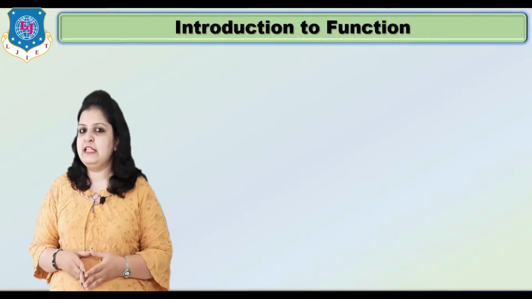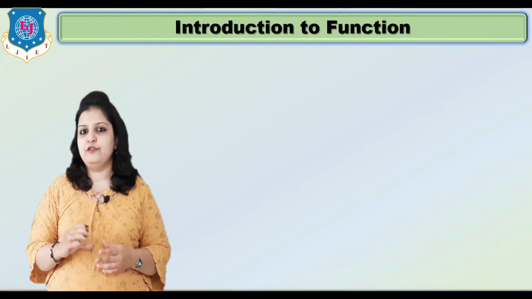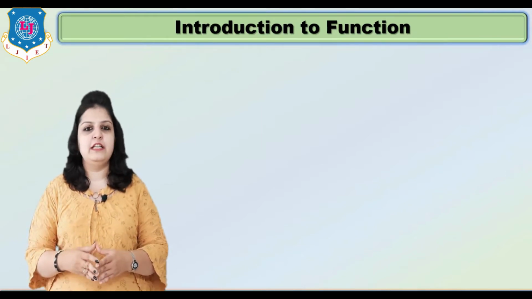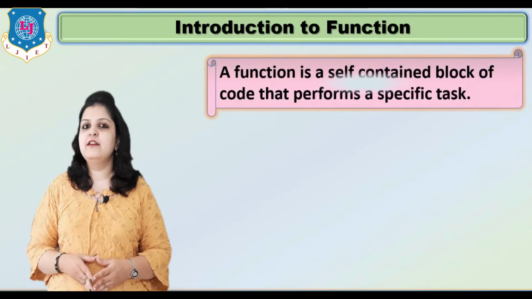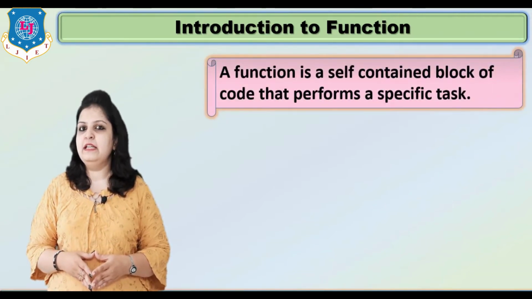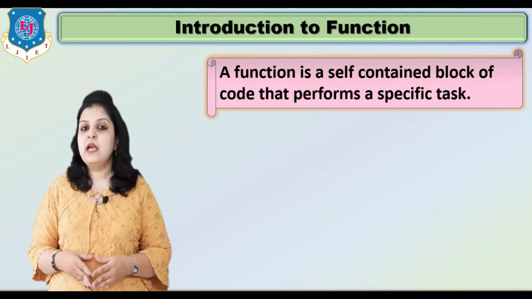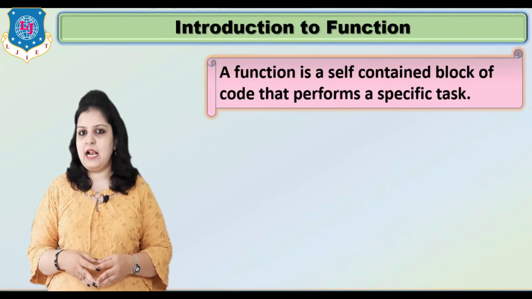So in that case, we can divide our program into different modules. So these different modules are nothing but functions. So the definition of function is: a function is a self-contained block of code that is used for a specific task. How? Suppose I want to make a program of a scientific calculator.